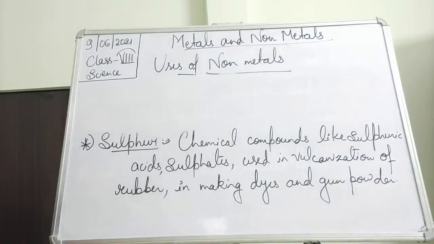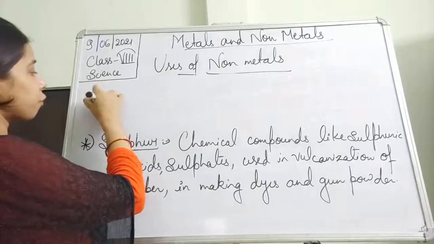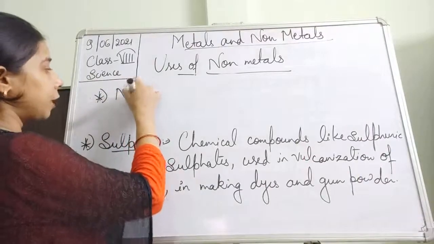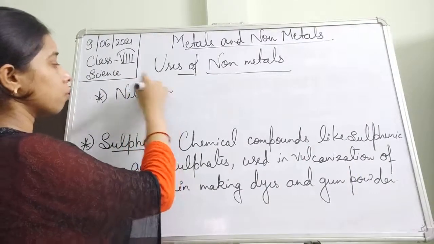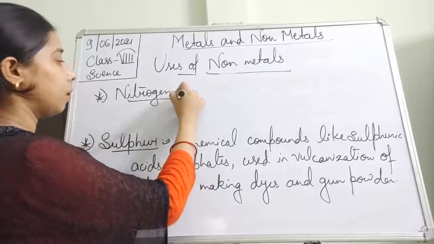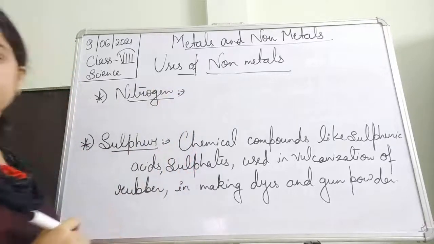So nitrogen, again I told you, first of all it is used in making fertilizers as well as it is also used in making chemicals.